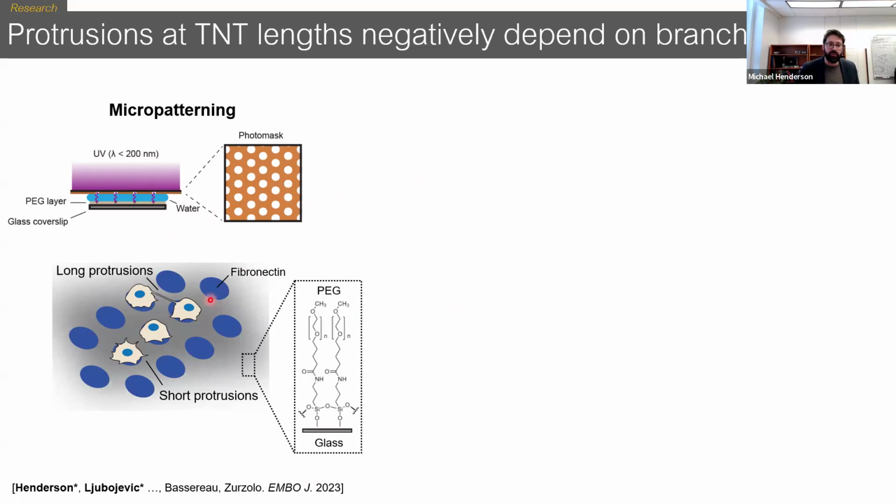This involved creating patterned surfaces using deep UV micropatterning techniques, where you take a binary mask that allows the transmission or non-transmission of deep UV light, which then can burn an underlying polyethylene glycol layer that's a cell repellent to form adhesive islands for cell attachment, basically. Because we can control the distance between these adhesive islands, we can essentially know if we're forming filopodia versus longer distance tunneling nanotubes, for example.